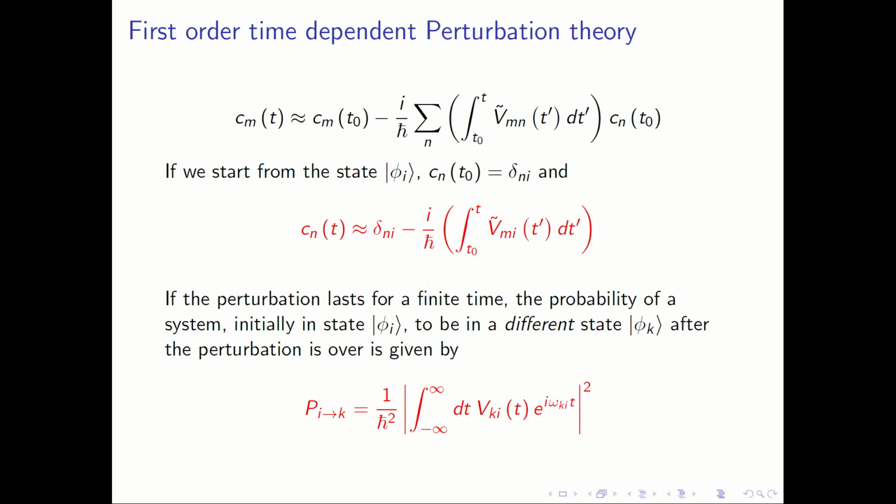So if V_ki of t were to vanish, that is, if the perturbation operator V of t has no matrix element between the states phi I and phi k, then we will say that the transition from I to k is forbidden. Strictly speaking, it's first order forbidden, but for most practical purposes, such a transition can be assumed to not occur.